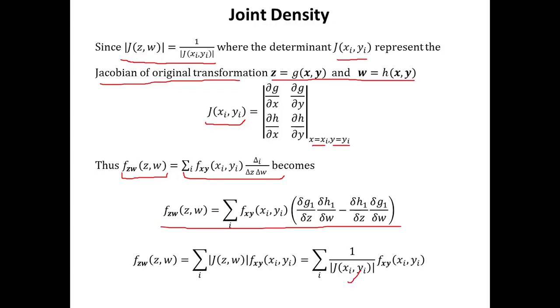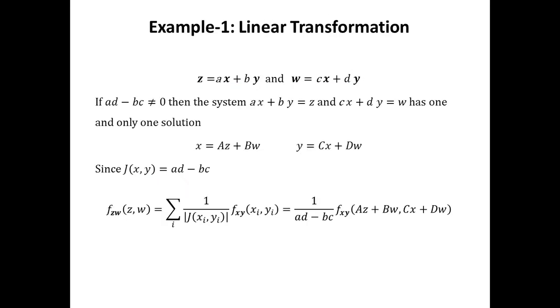So once the functional behavior is given and the joint PDF of x and y is given, we can easily determine the joint PDF of z and w. Now we are going to tackle two examples to elaborate this concept.